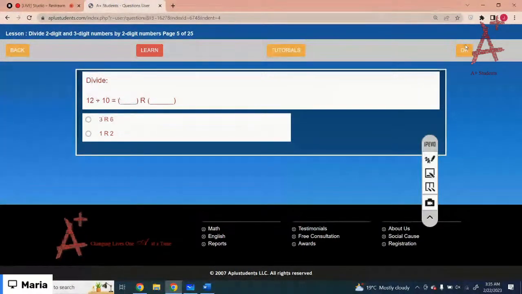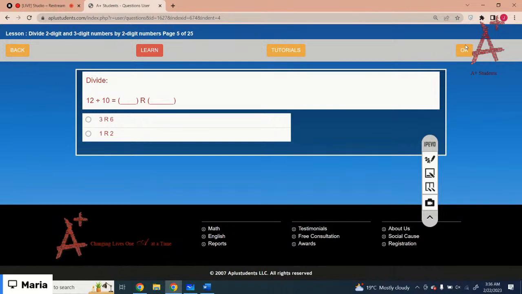Okay, the next one is 12 divided by 10. So which is the correct option? 10 times 1 is 10 and you have remainder 2.